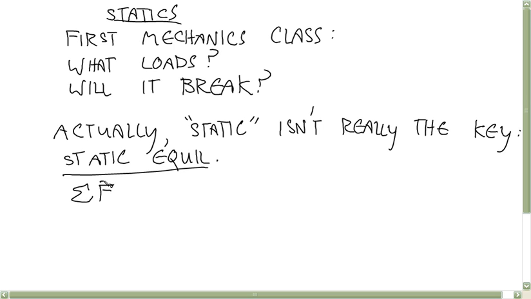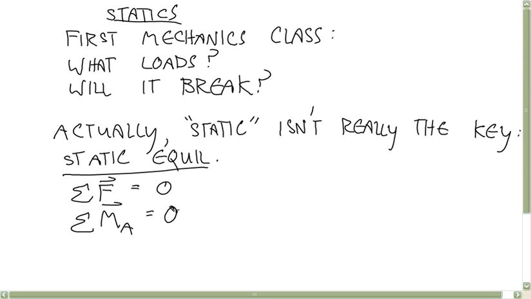The sum of the forces is equal to 0, and the sum of the moments about some point, I'll say A, is equal to 0. Okay? These are the fundamental equations in this class. Everything we do is going to be based on solving these equations, setting them up the right way.